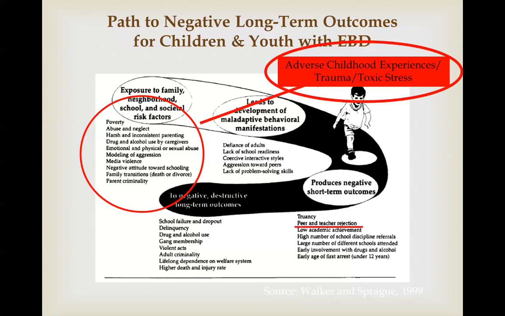And for the purposes of my biases about the importance of student-teacher relationships, we see that one of the negative short-term outcomes is actually the dissolution of that teacher-student relationship, and instead it being replaced by parent-teacher rejection.